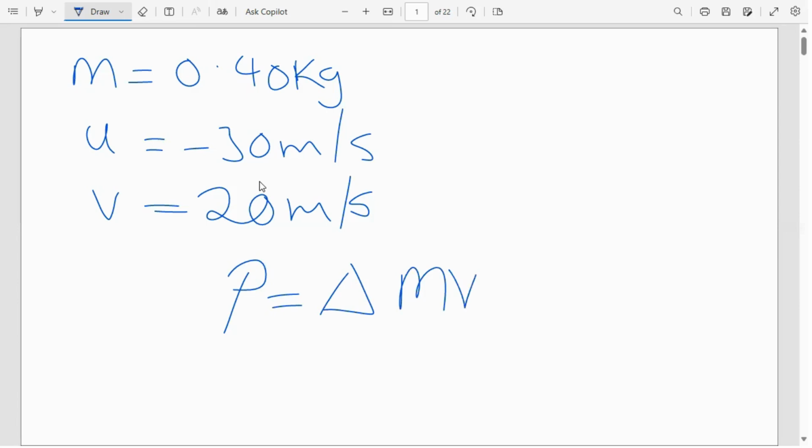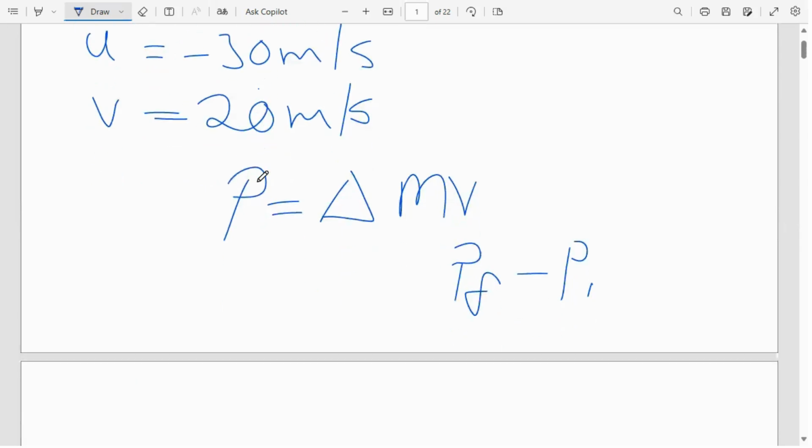So if this is the change in momentum, that means we have final momentum, p final, minus p initial, final momentum minus initial momentum. That is going to give us what we call impulse. I'm sure that's very clear.